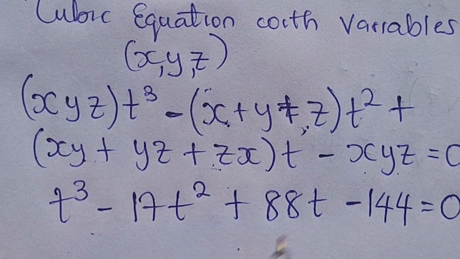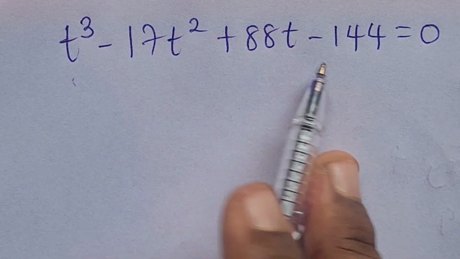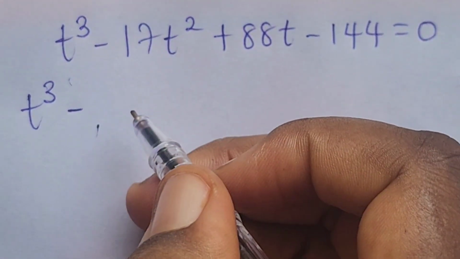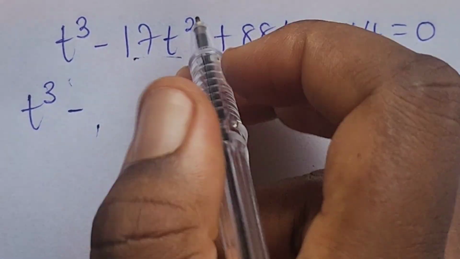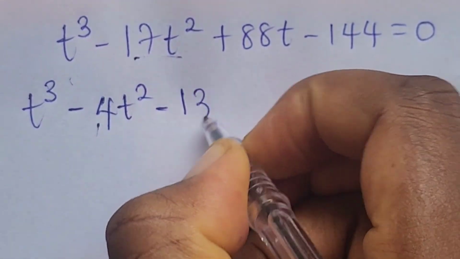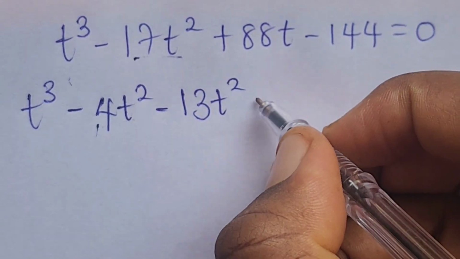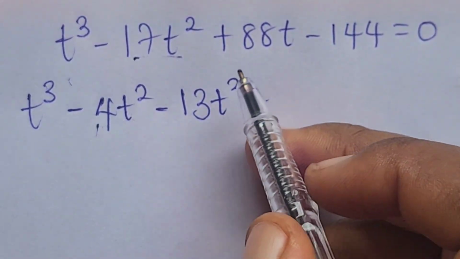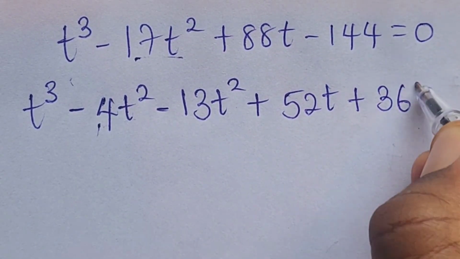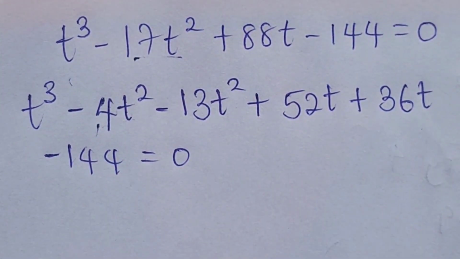So we now have a cubic equation which we will resolve using the factorization method. Solving this cubic equation, we have t cubed, and breaking this minus 17 into 2, we can have minus 4t squared minus 13t squared. We have plus 88t, which can give us 52t plus 36t, and minus 144 is equal to 0.